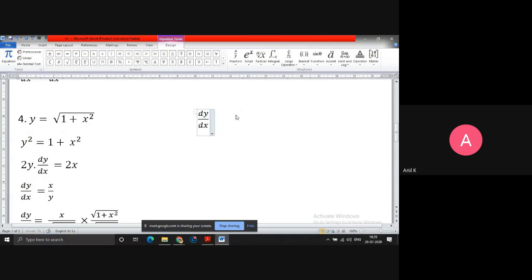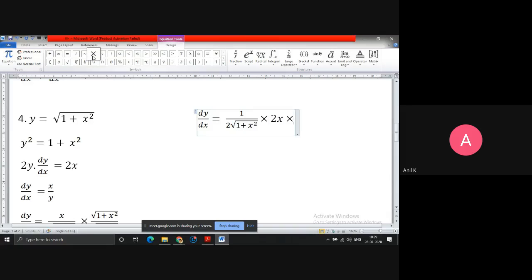You will get dy by dx is equal to the differentiation of root theta, which is 1 upon 2 root theta. Root theta means you will get 1 plus x squared, 1 upon 2 root theta into the differentiation of theta, that is the differentiation of 1 plus x squared. The differentiation of 1 plus x squared is 2x.